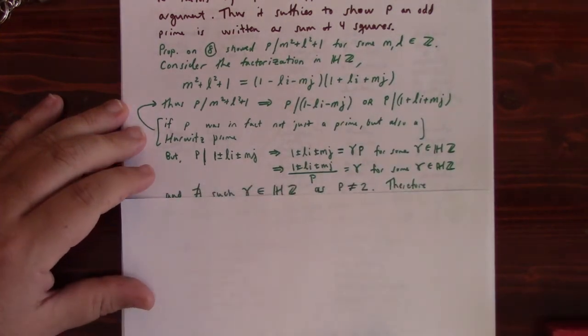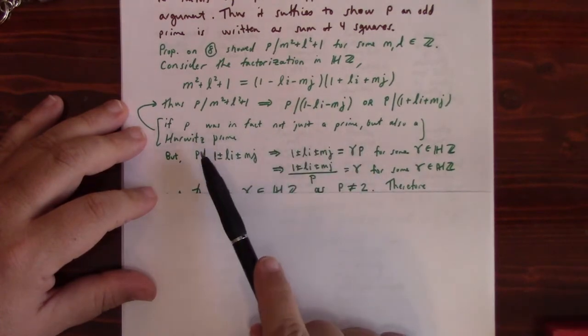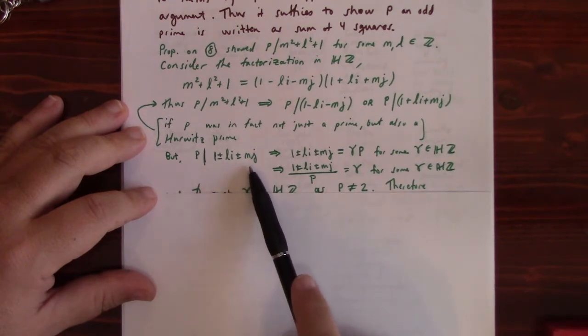So if p was in fact not just a prime but also a Hurwitz prime, p divides both, right?